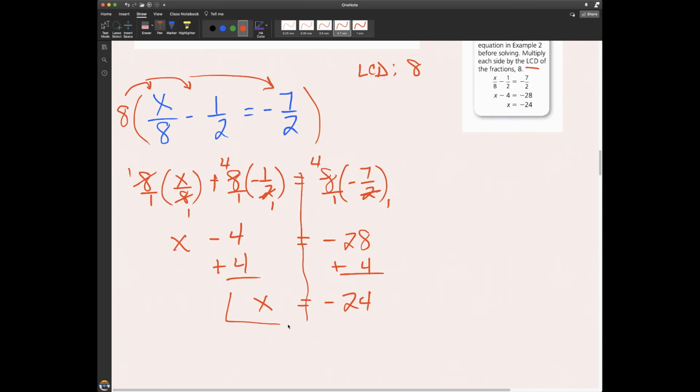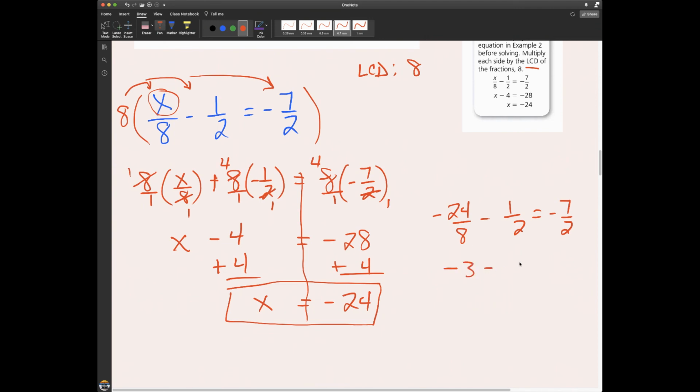Does this work? Would this work in here? Well, if I put negative 24 and substitute it in here for x, then I have negative 24 divided by 8 minus 1/2 equals negative 7/2. And negative 24 divided by 8 is negative 3.